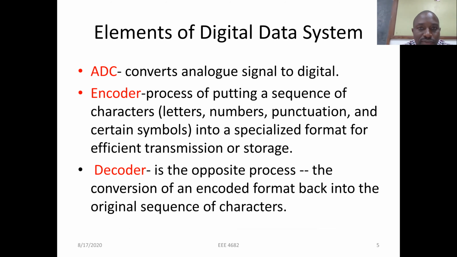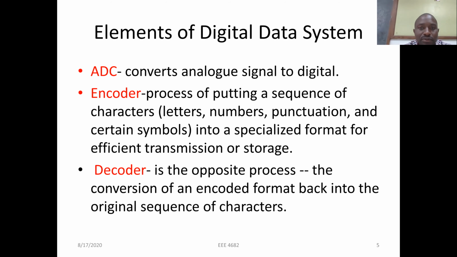The analog digital converter, as we know, converts analog signals into digital. And then once this information is in digital format, then you apply the encoder, which is basically the process of putting a sequence of characters, numbers, letters, and so on into a specialized format for the purpose of ensuring efficient transmission as well as maximizing storage space.